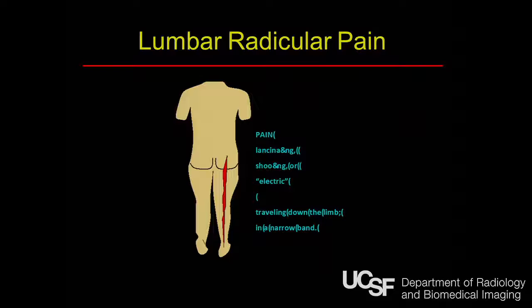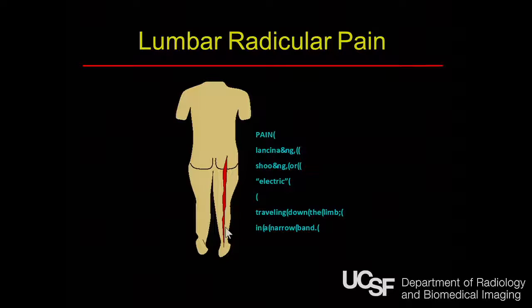So let's now move on from axial low back pain to lumbar radicular pain. In particular, we'll focus on disc herniations first, then we'll move on to spinal stenosis. So the definition, I'm sorry, I created this talk on a Mac, and my text is getting distorted, so apologies for that.